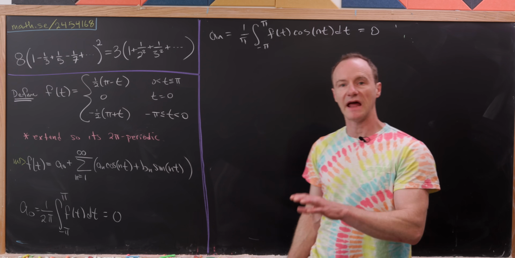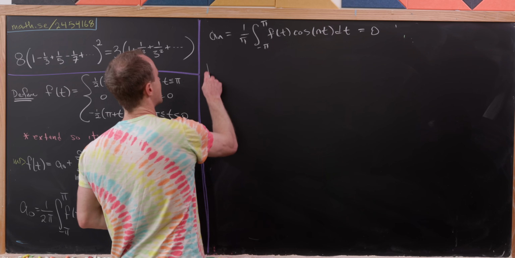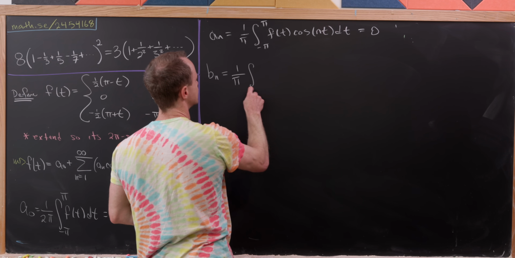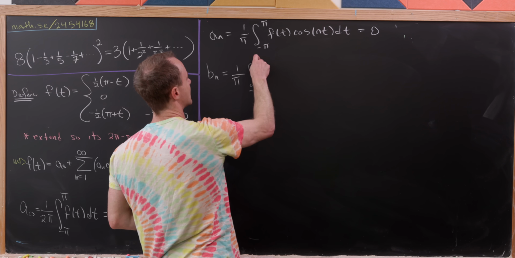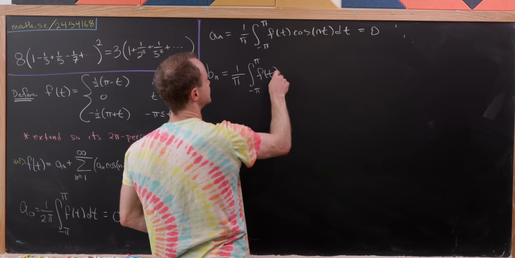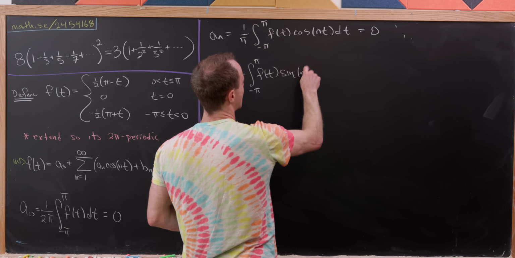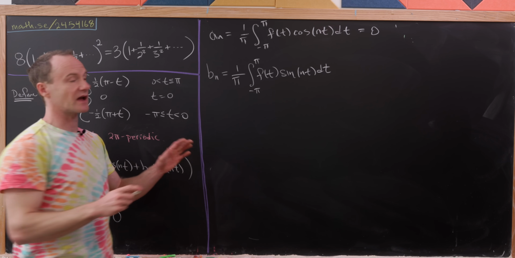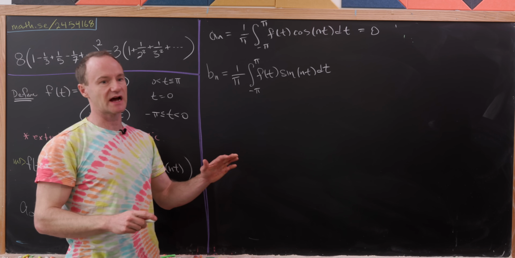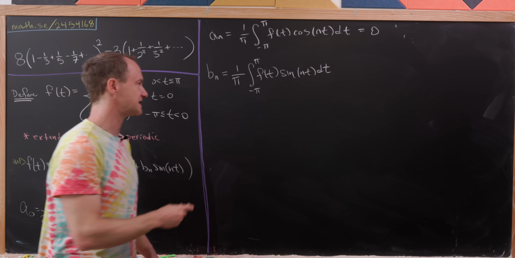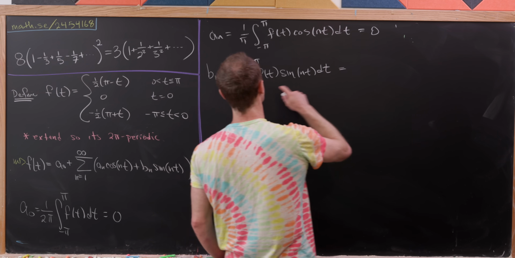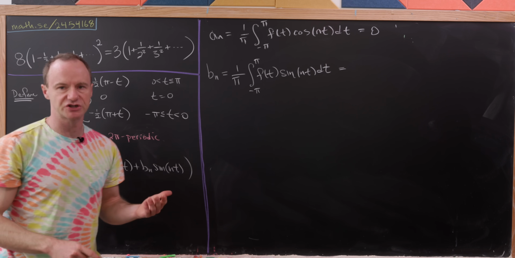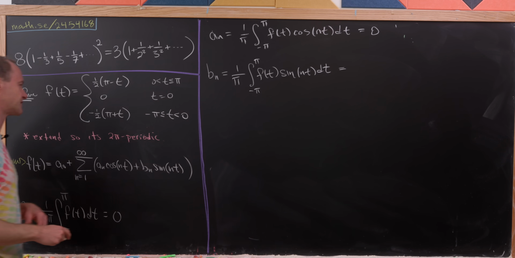And now, finally, we have bn is equal to 1 over pi times the integral from minus pi up to pi of f of t times the sine of nt dt. Now I'd like to observe again that f is odd, sine is also odd, making their product even, which means I should be able to multiply this by 2 and then change these bounds of integration from minus pi to pi to 0 to pi.